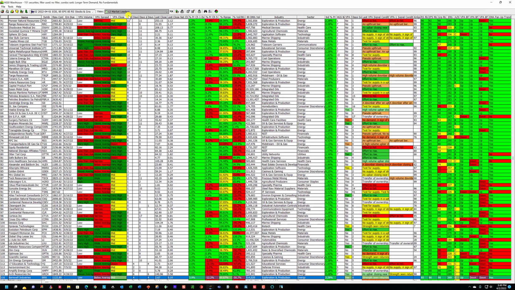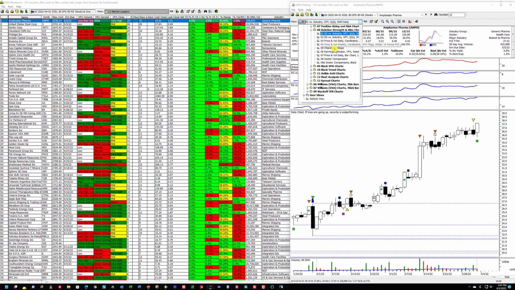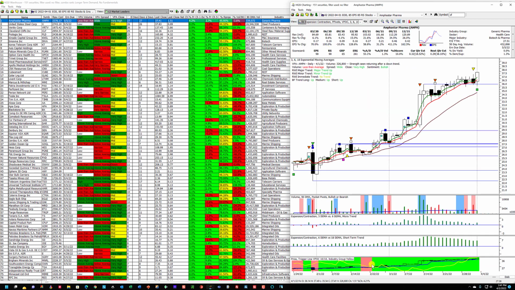Now I'm going to do just the opposite. I'm going to click on this, and let's locate the stocks whose numbers are high. And this tells me immediately that the stock has been moving up for a long time based upon the volume point of control and also the 3 above the 6.